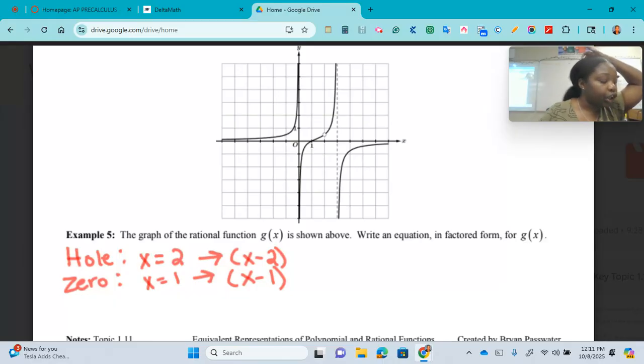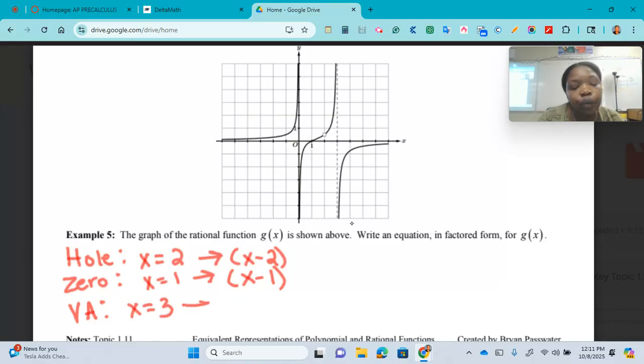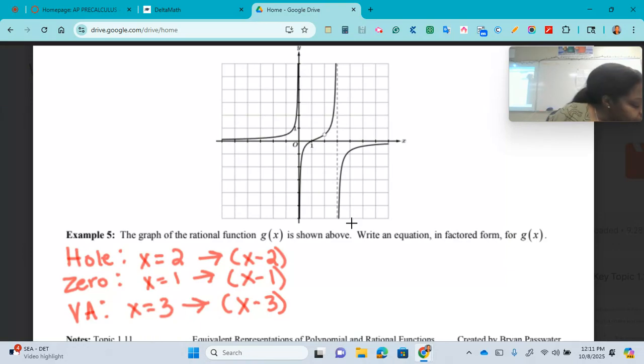Now we have a vertical asymptote at x equals 3. So we have a factor of x minus 3 where? In the denominator. Excellent. And we have anything else?